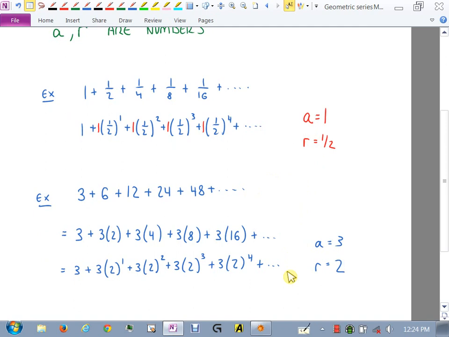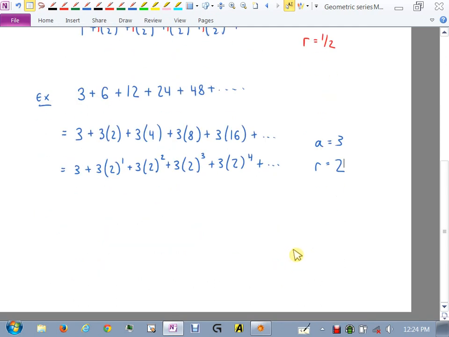So the question becomes, in what case does a geometric series converge? In which case does it not? So when does a geometric series converge is our question.